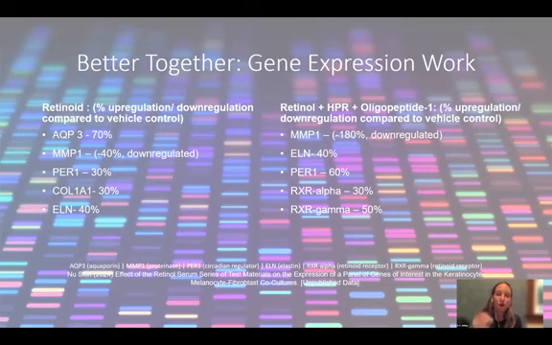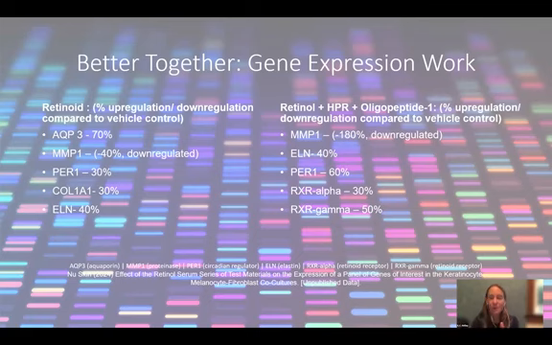So the fact that you're able to upregulate this gene is an indication that you're getting that repair at night that your skin or your body so desperately needs. Collagen 1A is a little bit more self-explanatory. It indicates an increase of this gene that is going to create collagen, by 30%. And ELN is a gene that codes for elastin, and that is upregulated 40%. So all of this is really, really good.